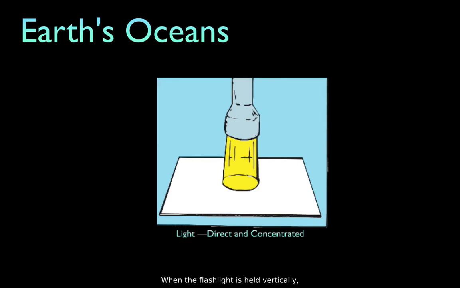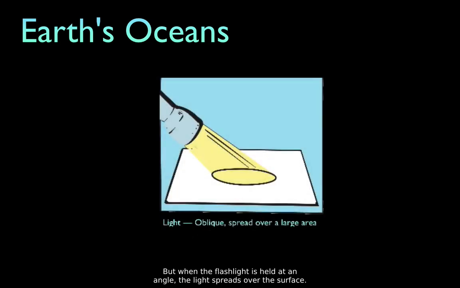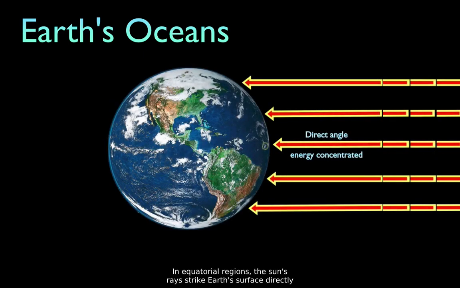When the flashlight is held vertically, the light beam strikes the surface directly, and the light is concentrated. But when the flashlight is held at an angle, the light spreads over the surface. It is less intense. In equatorial regions, the sun's rays strike Earth's surface directly, so solar energy is concentrated, and equatorial regions are warm.